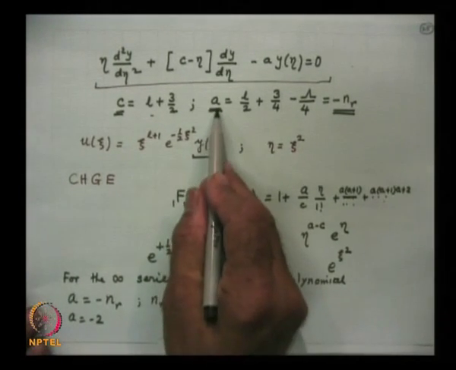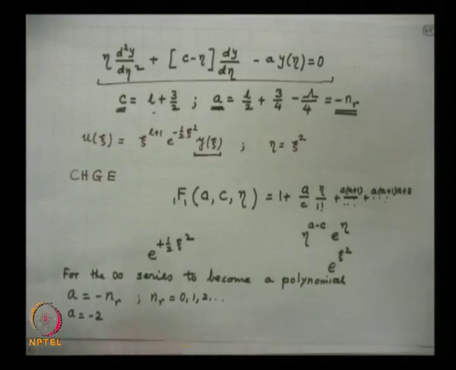So, if you give me the values of a and c, I can immediately write down the polynomial and the corresponding wave function. So, it is really very straightforward.